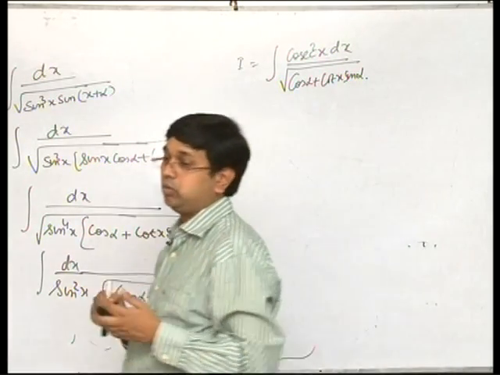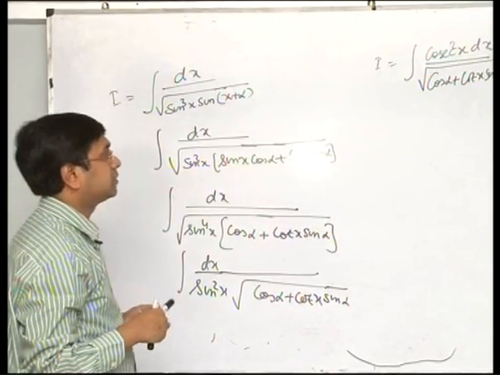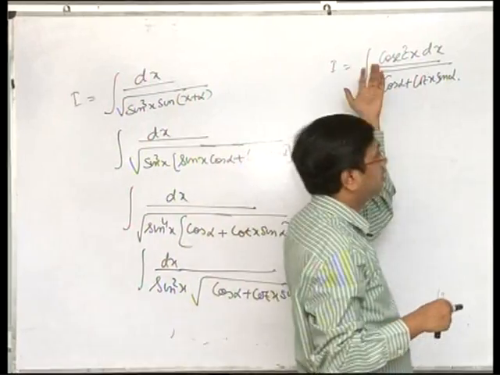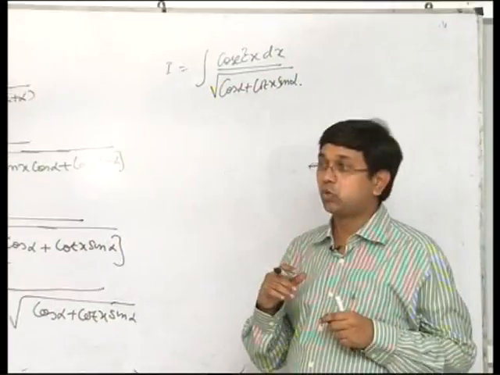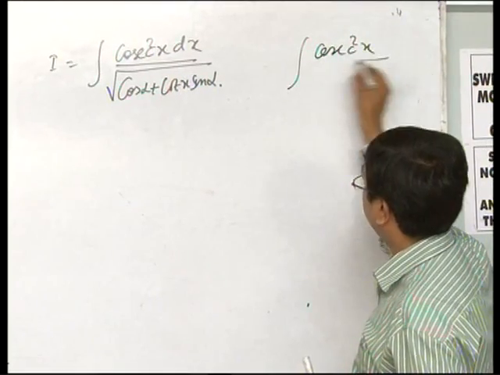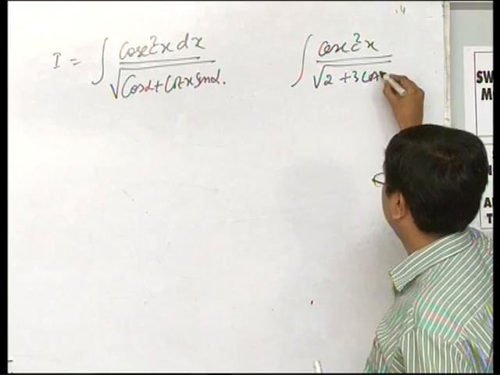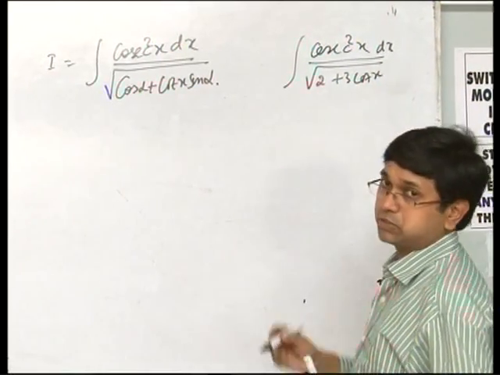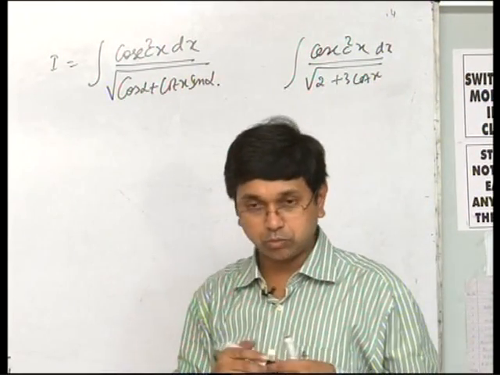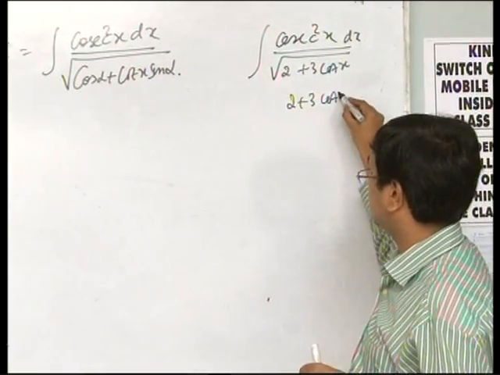After this, what I have found is that most students get stuck, or they use the substitution simply cot x equal to t. So let me ask you one thing: if the question is cosec square x over the root of 2 plus 3 cot x, then what would be the substitution? In a similar situation, most students would reply that we will put 2 plus 3 cot x equal to t square.